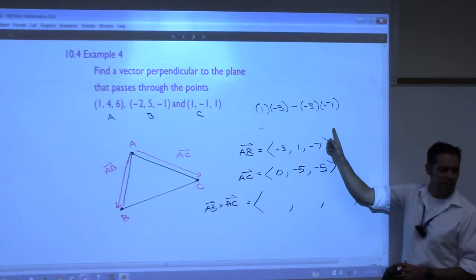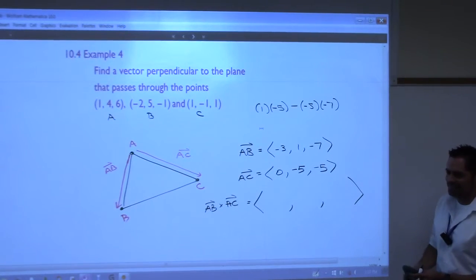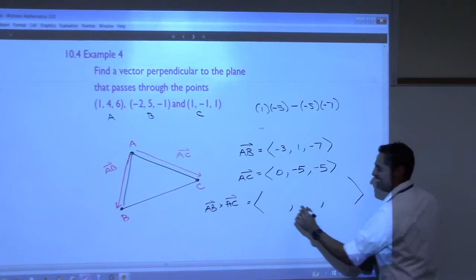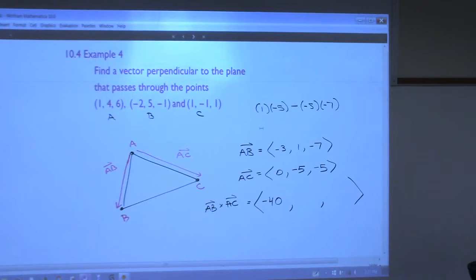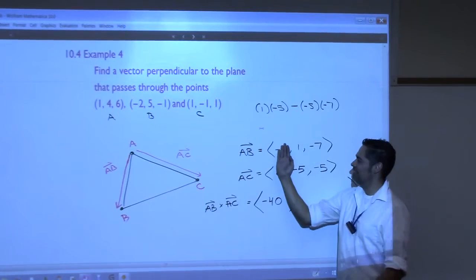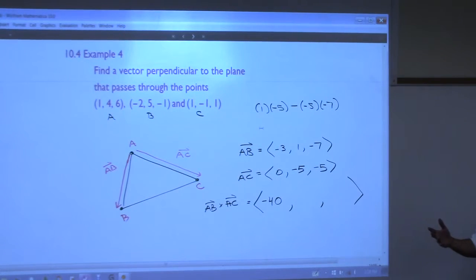This whole thing should be -40, right? Did I do that okay? Yes, subtract. So you just have to be careful with these signs, right?